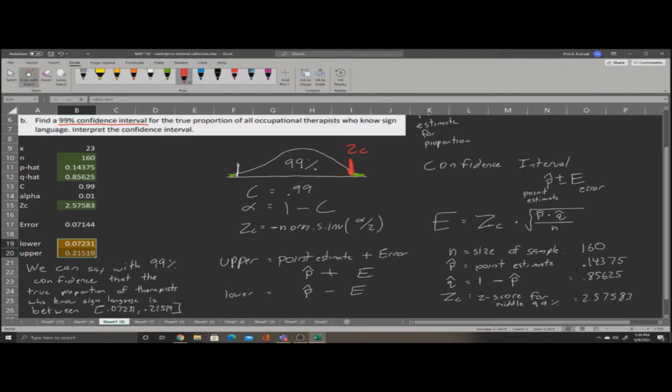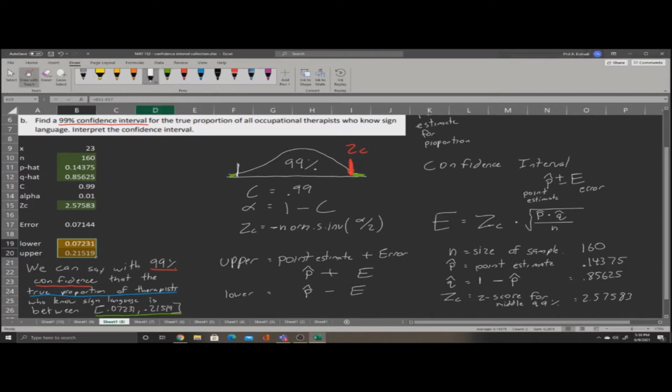Now, when you write your answer, make sure you mention the confidence level. Make sure you also mention the thing you're trying to measure. And make sure that you put your confidence interval inside of a pair of brackets.